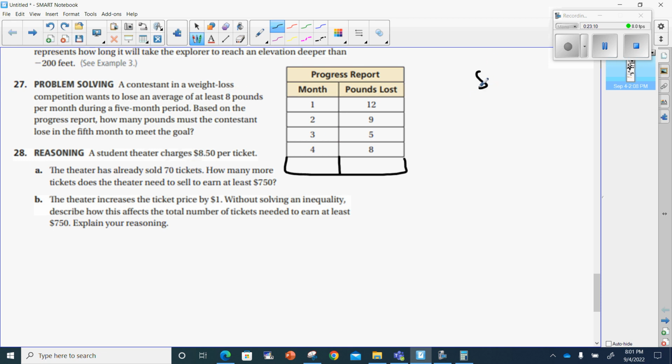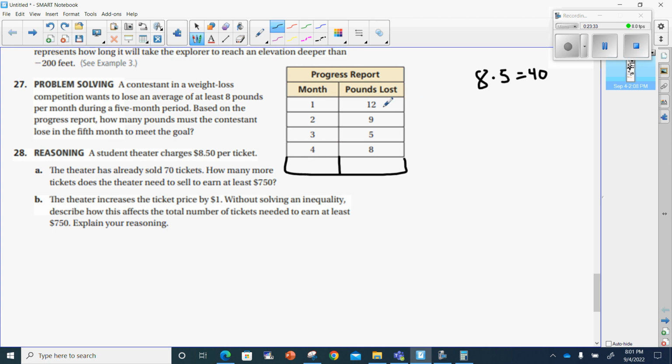So 8 times 5, I almost used baby math, didn't I? 8 times 5 equals 40. So there should be a 40-pound difference, right? Well, actually, this is the pounds lost. So when I get here, I should get to 40, right? So let's look at this really carefully.